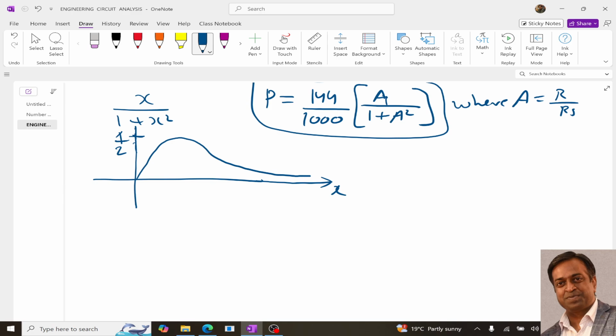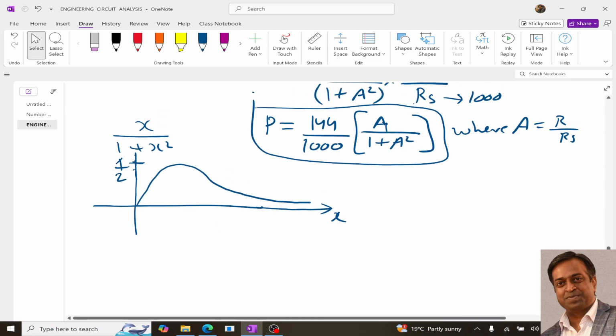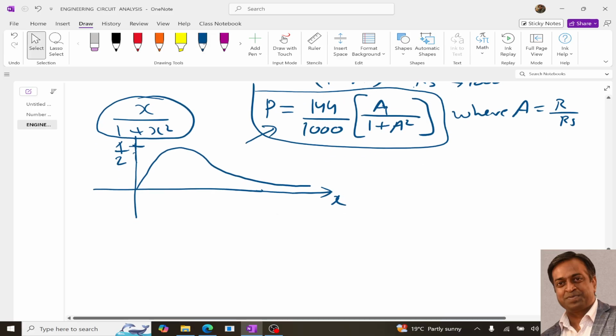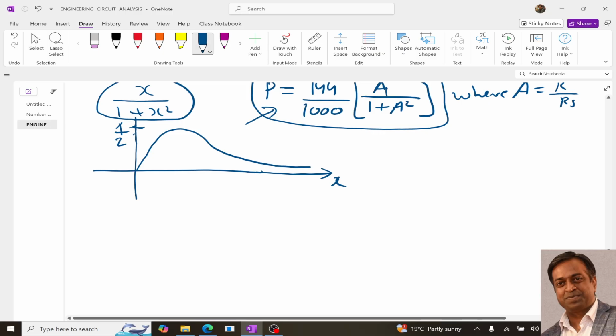In our case we have P, so to plot a graph for P similar to this, we will have a graph like this.